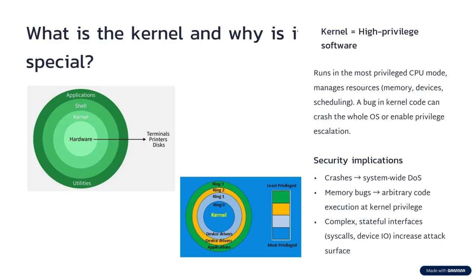So if you're thinking about it this way, if there's an attacker and they exploit a vulnerability in the kernel, such as a buffer overflow, or maybe a use after free issue, they can potentially gain arbitrary code execution at the kernel privilege.